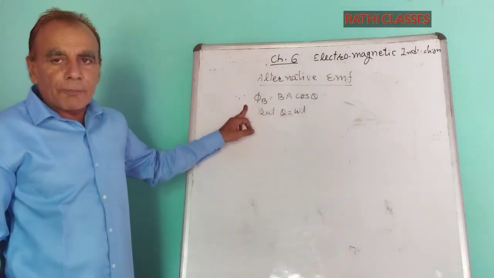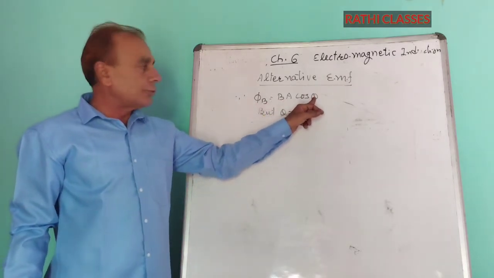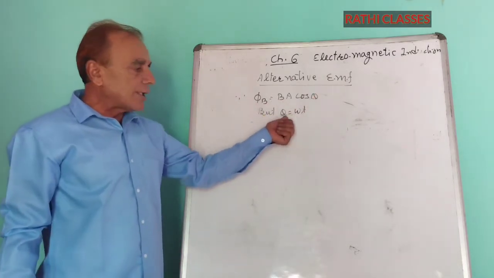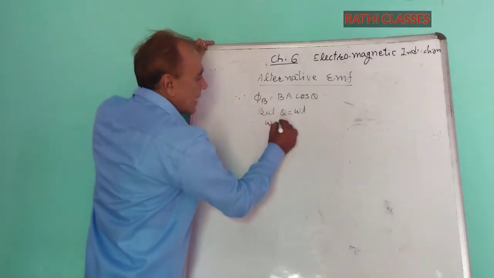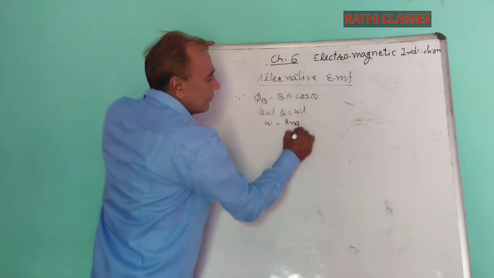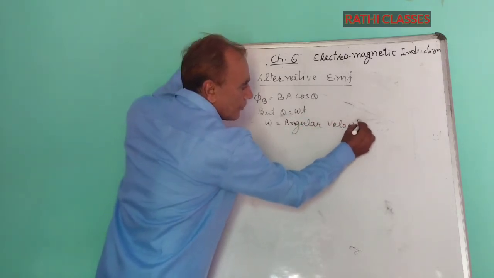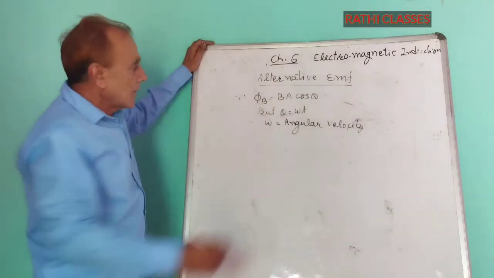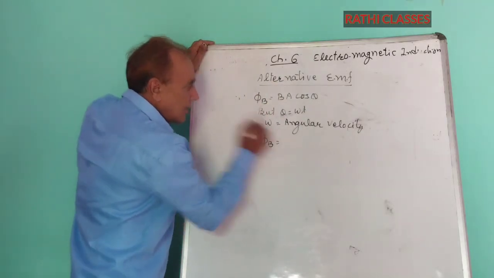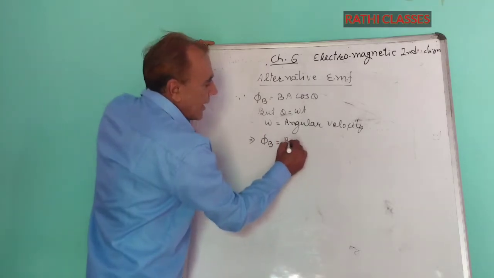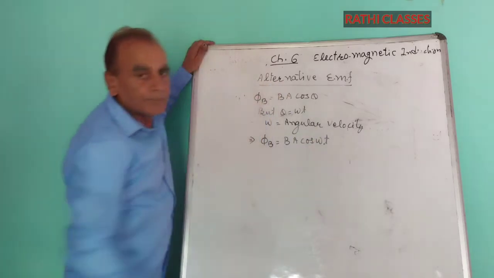By the definition of magnetic flux, phi B is equal to B A cos theta, but theta is equal to omega t, where omega is angular velocity. Implies phi B is equal to B A cos omega t.